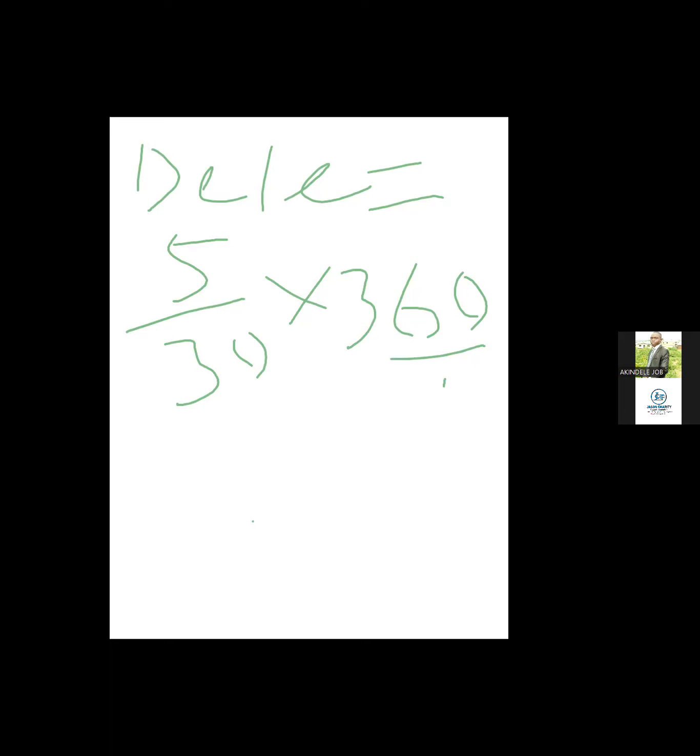Now, 0 cancels 0. 3 into 36 is 12. 5 multiplied by 12 gives us 60 degrees. So that is for Daily. That is the way we are going to do it for all the students.